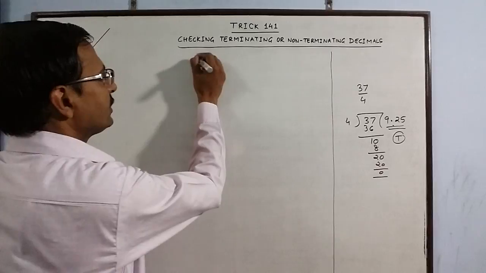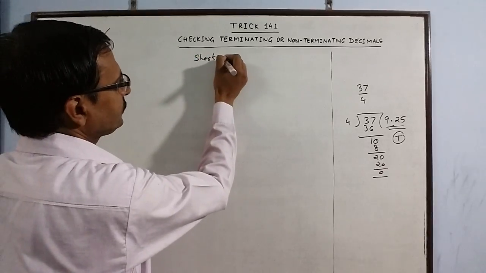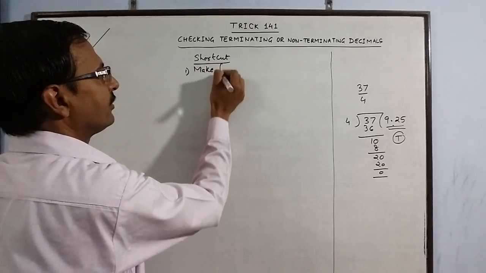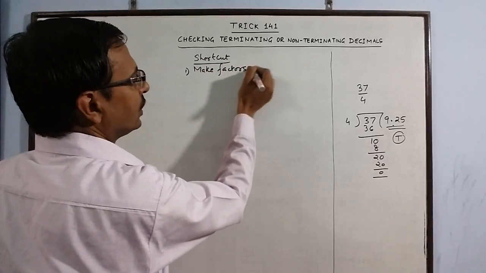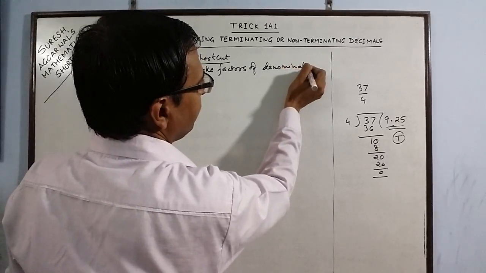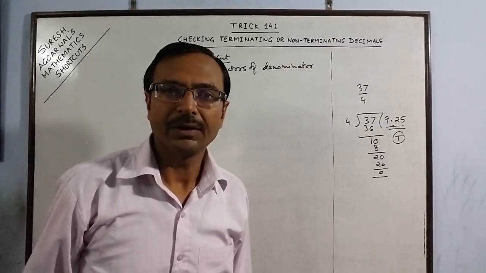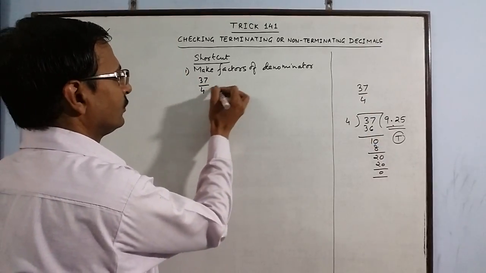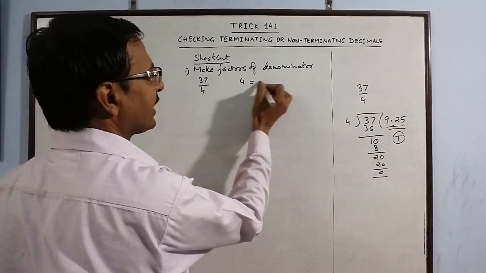The shortcut for this is, what you do is make factors of the denominator. So here say denominator is 4. 4 has factors 2 into 2.